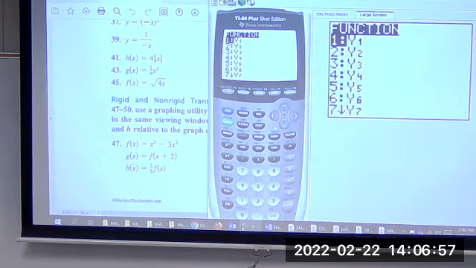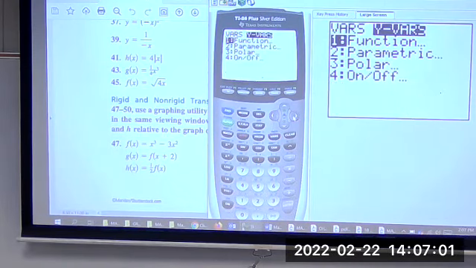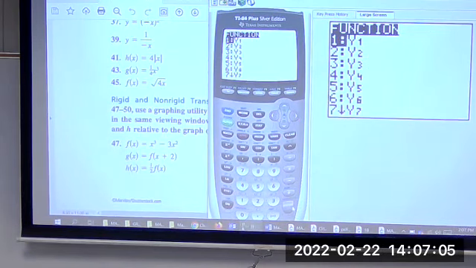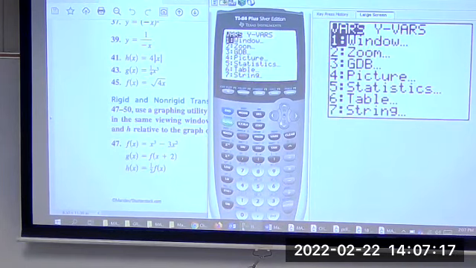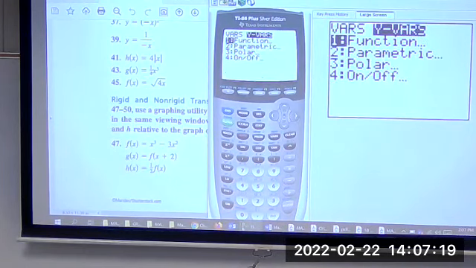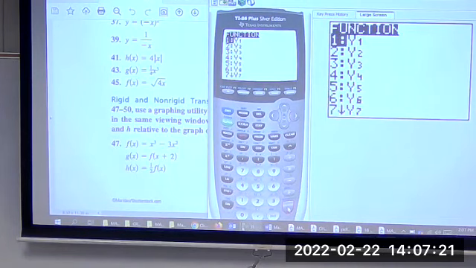So one more time: I went to VARS, over to Y-VARS, and number 1 is function, Y sub 1. In my second equation, for Y sub 2, I'm down here and it's VARS, Y-VARS, function, Y sub 1.